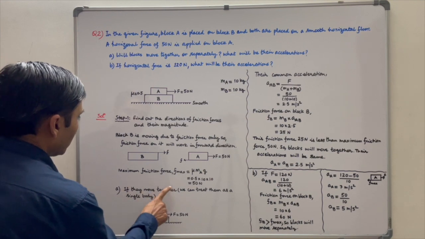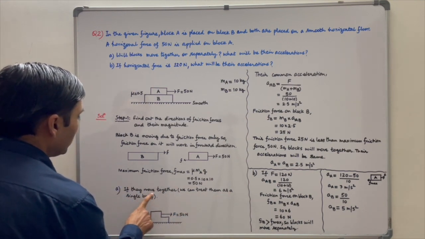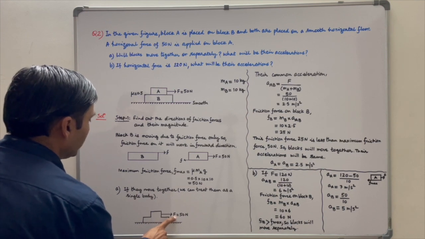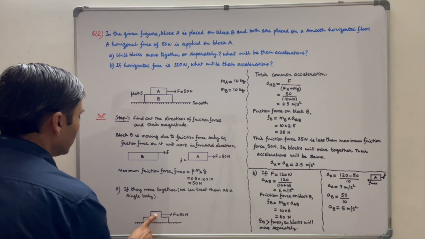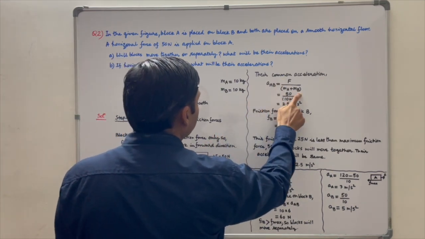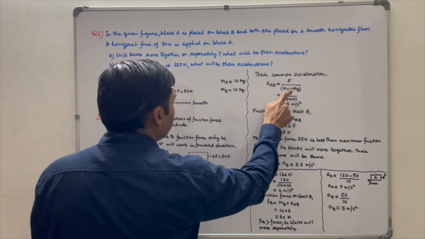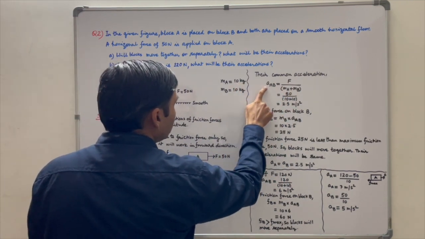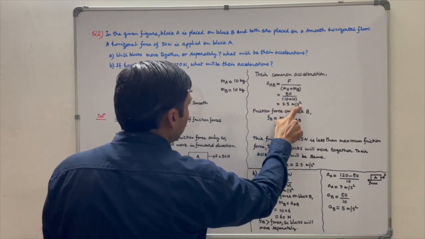Suppose both the blocks are moving together. So we can treat them as a single body on which an external force of 50 Newton is applied. We can calculate the acceleration of this single body, and that is equal to F upon ma plus mb. F is 50 Newton, ma is 10 kg and mb is 10 kg. So acceleration comes out to be equal to 2.5 meter per second square.